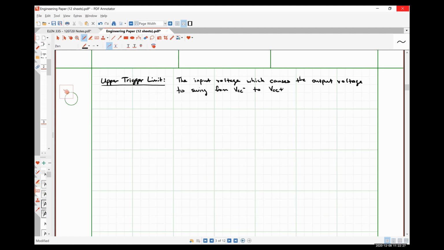I want to be real clear about that, okay? So the upper trigger limit is the voltage where the output goes from low to high, all right?